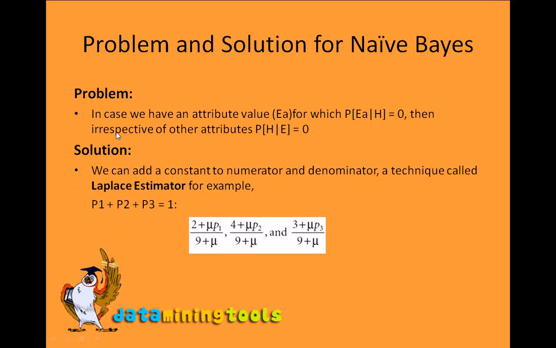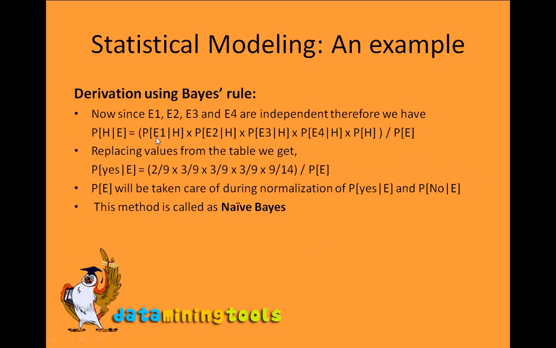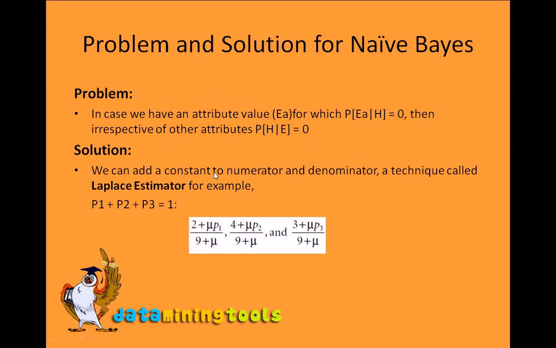Now we have some problems with naive Bayes. Suppose we have an attribute value E_A for which the probability of E_A given H equals 0. If we go to the previous slide and put that value over here, the whole probability will come out equal to 0 irrespective of the other probabilities. We don't want this. So what's the solution? The solution is called the Laplace estimator, in which we add a few values to the numerator and denominator of each fraction for each attribute.